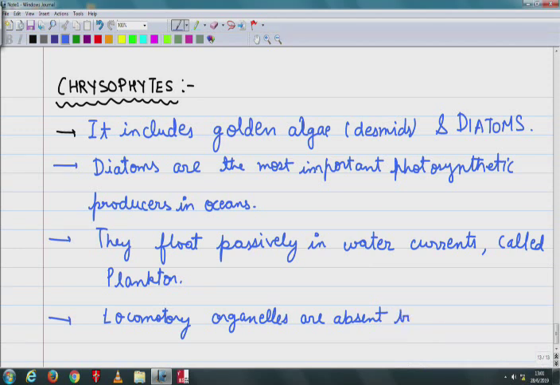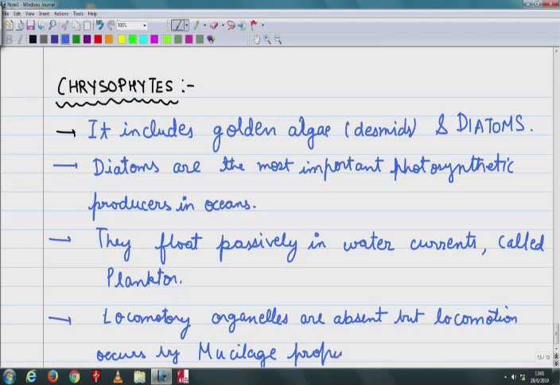But locomotion still occurs. It's not even in your NCERT, I'll tell you about it. But locomotion occurs by mucilage propulsion.